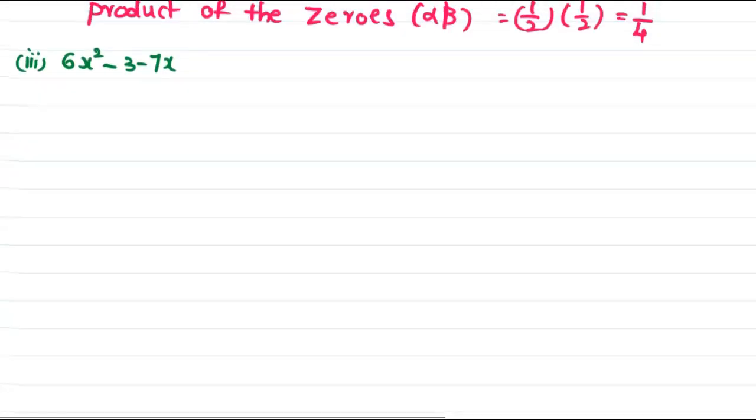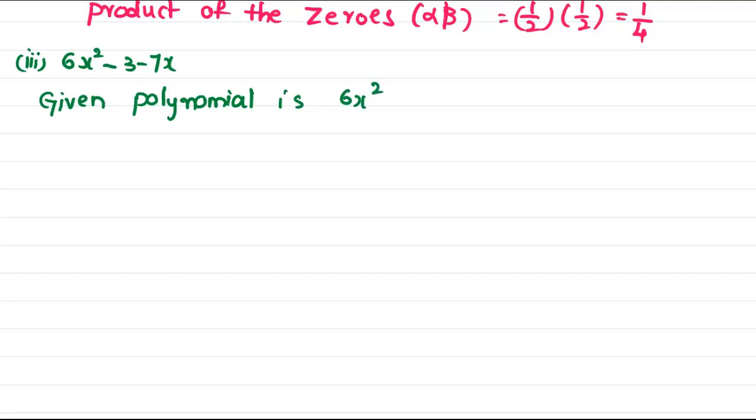So for this given polynomial, it is 6x square minus, next the x term that is minus 7x, and next the constant term that is minus 3. So here also we can write minus 7x as a 6x square.